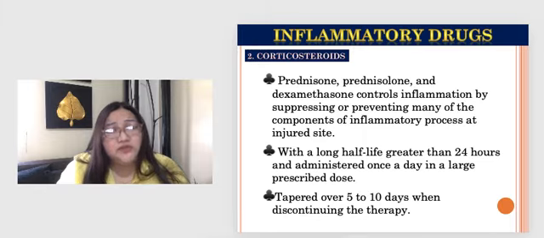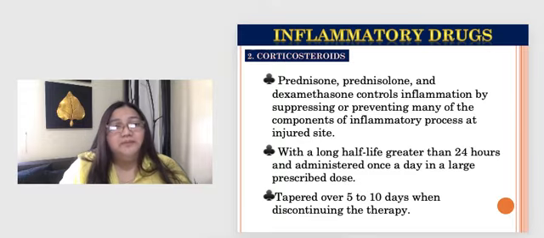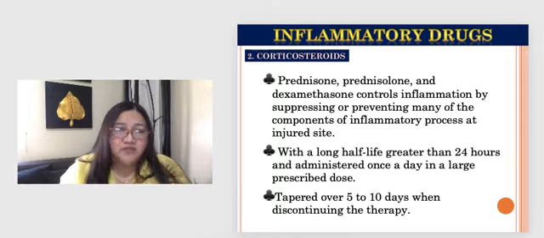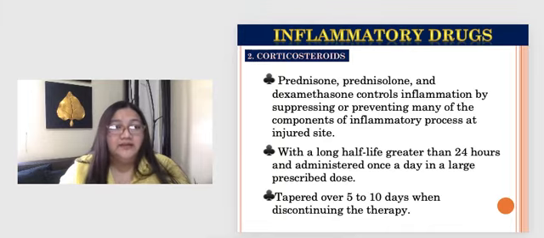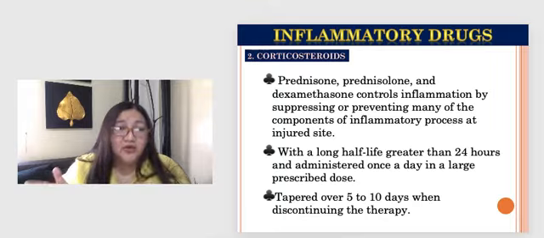And because corticosteroids somehow mimic cortisol, kailangan sundan rin natin yung natural rhythm niya sa katawan. So because you take it once a day, it's best to teach patients to take steroids in the morning. Kasi naturally, cortisol is high in the morning.